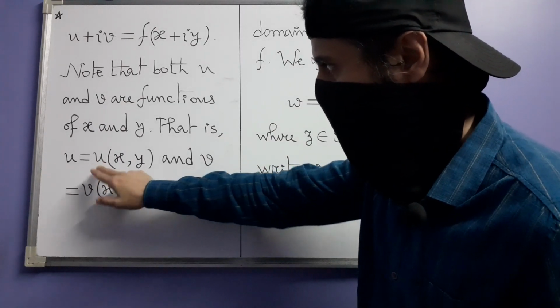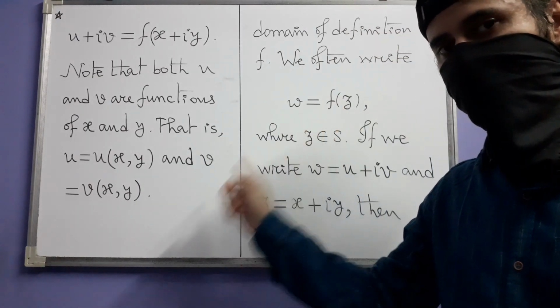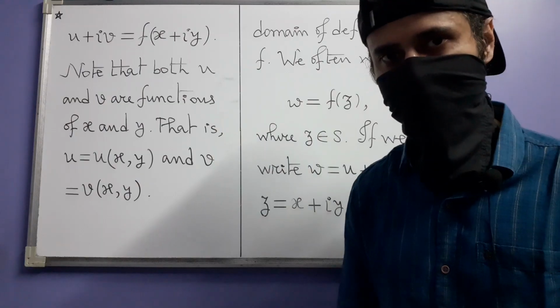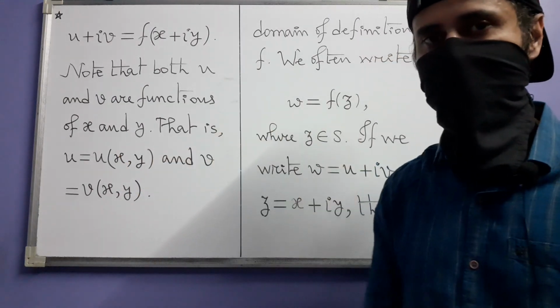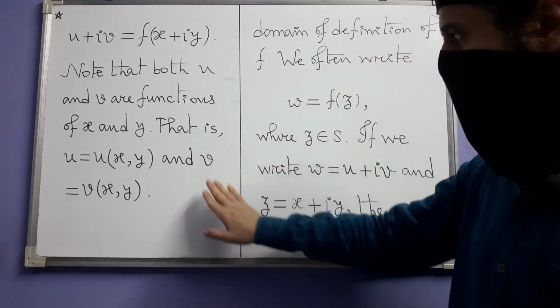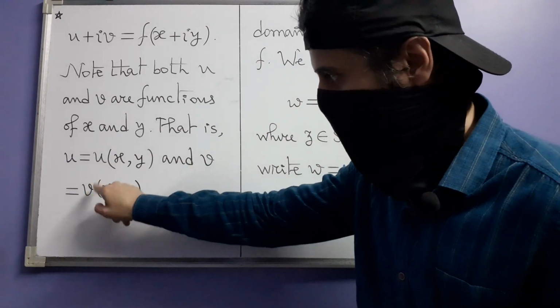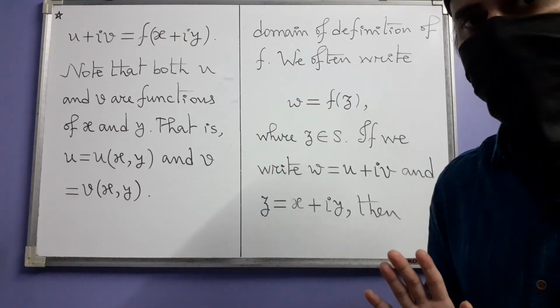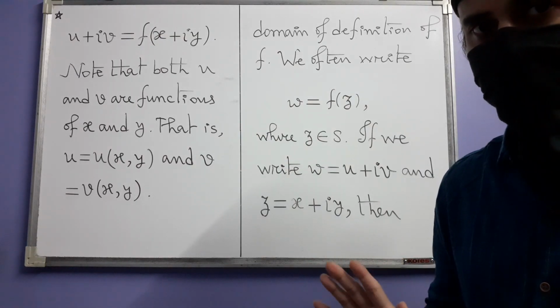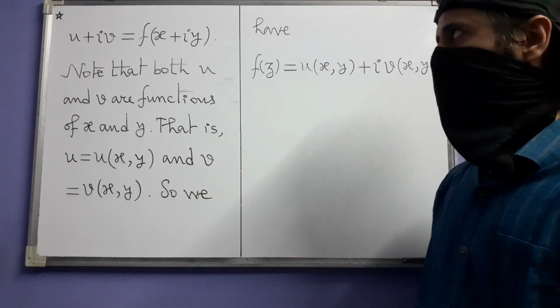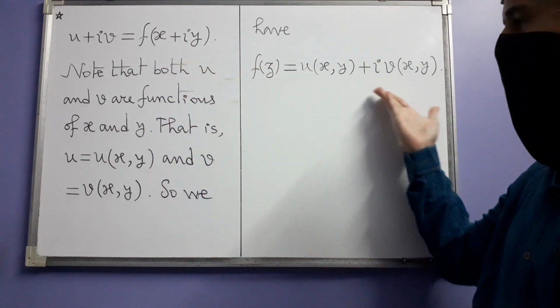This is just the name given to that function in the background which has u as its output for given inputs x and y. Just like that, v is a function of x and y. Here also you can write something else if you want. Okay, that won't be a problem. So with these new notations, this equation looks like this.